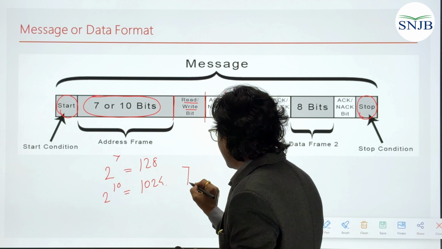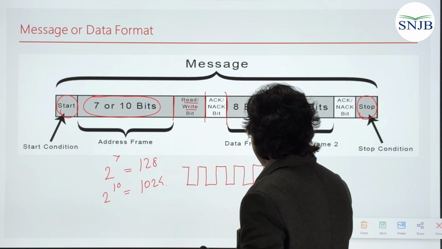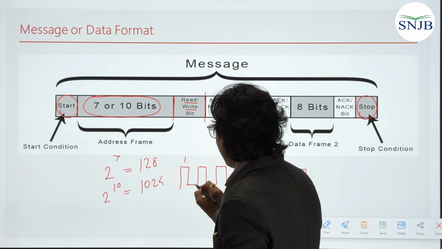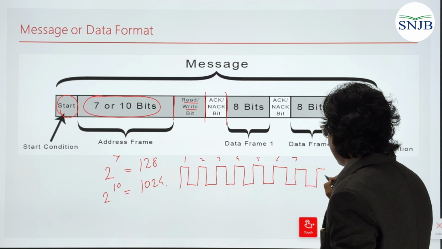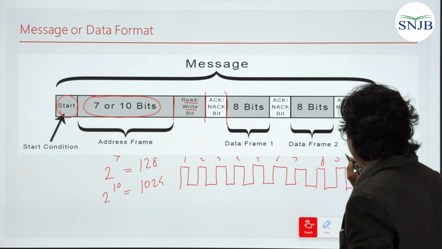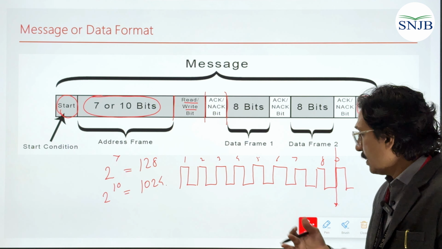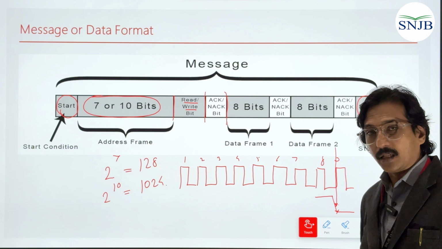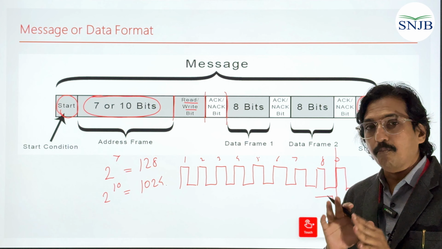For example, this is a clock pulse, and that clock pulse has, for example, this first clock pulse, second, third, fourth, fifth, sixth, seventh, eighth and ninth. On the ninth clock pulse, if the slave gives a high to low line transition, then the data which is going to be received by that slave reached completely and successfully.